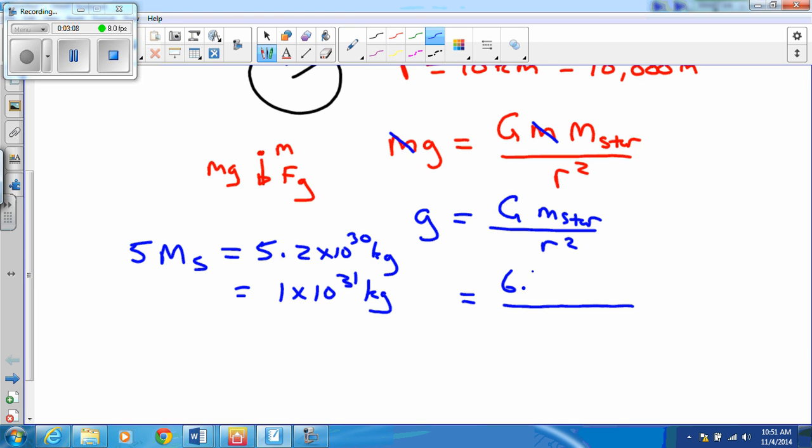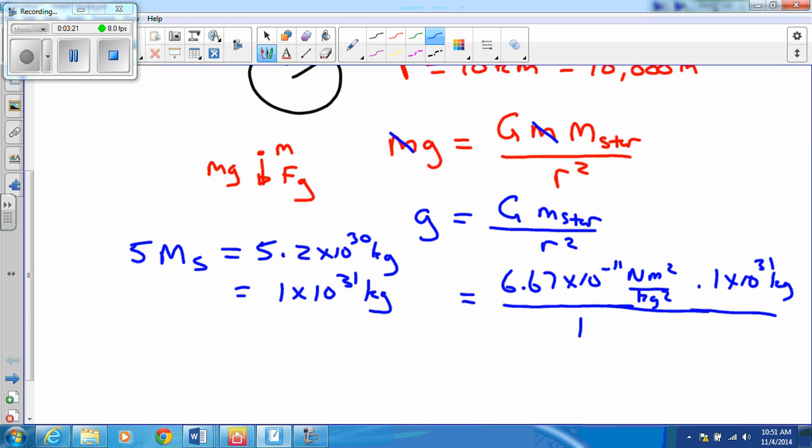We're going to get 6.67 times 10 to the minus 11 newton meters squared per kilogram squared, times 1 times 10 to the 31st kilograms, divided by 1 times 10 to the 4th meters, or 10,000 meters, squared.